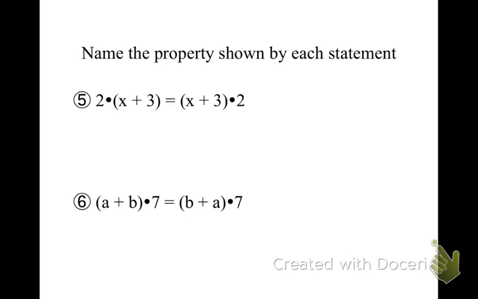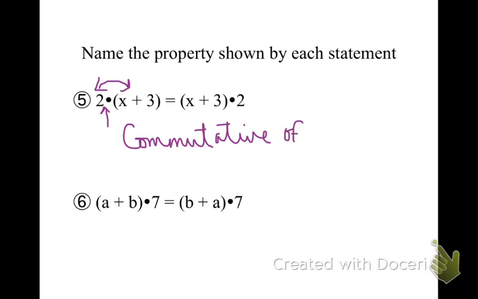But on the left, it's 2 times the sum, x plus 3, and on the right, it's the sum times 2. So these two expressions switched places, or commuted, around a multiplication sign. And so this would be commutative of multiplication.